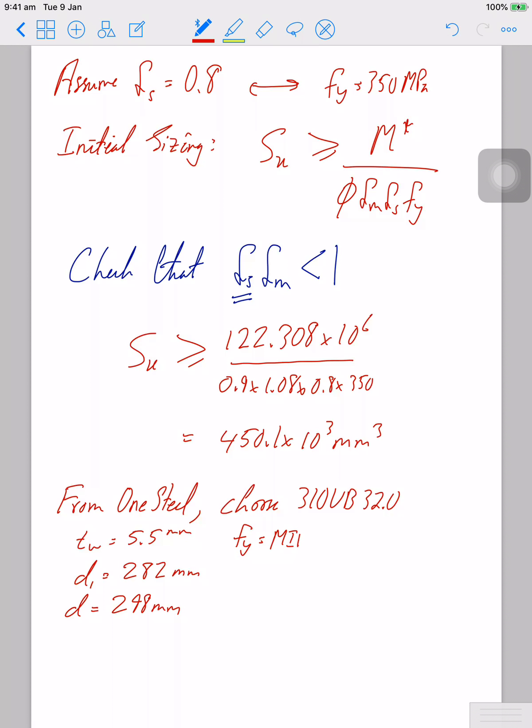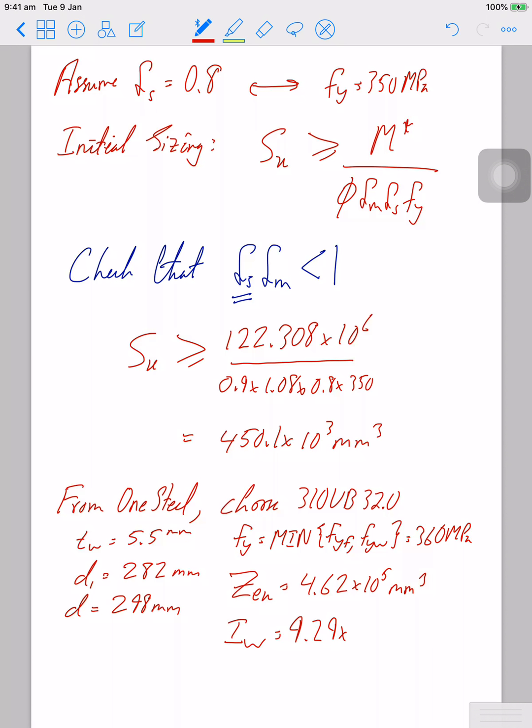Your Fy should be the minimum of the yield strengths or the stresses of your flange and your web, which is a section modulus and then W, which is 9.29 times 10 to the power 10 millimeters to the 6.